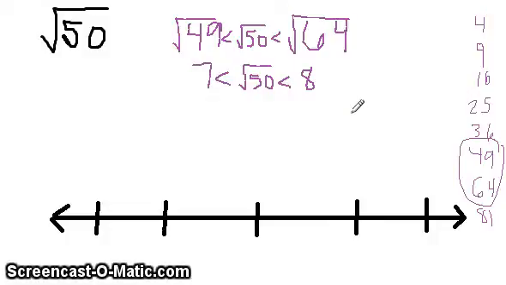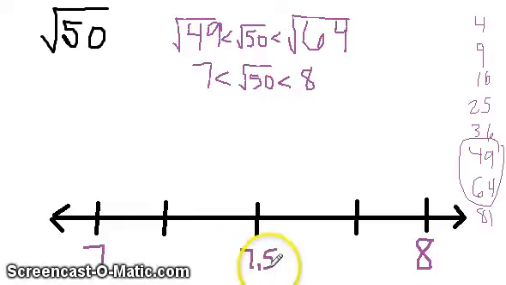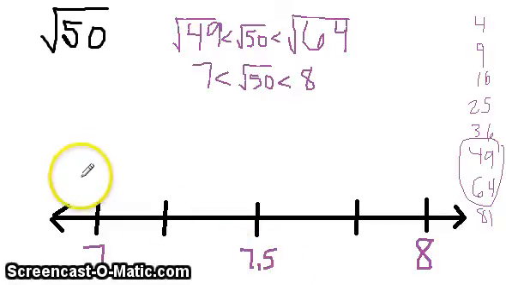But that helps us see where we can estimate these numbers. Now, if you also think about the number line, let's say since our two whole numbers are 7 and 8, let's say we have 7 and 8 on our number line. Here's 7.5 right in here. That means that the square root of 49 would be here.